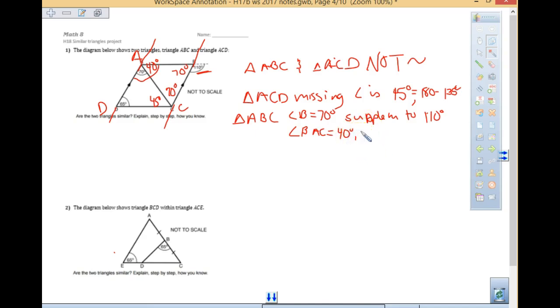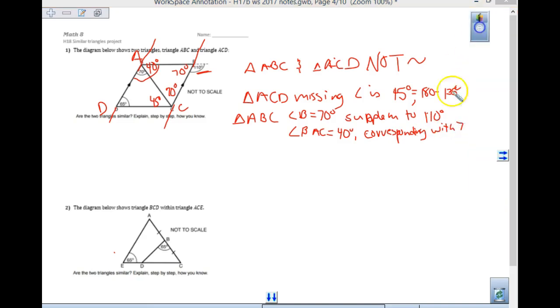And the reason we knew that was 40 degrees was because it was a corresponding angle with the 70 degrees, corresponding with the 70 degrees to that 110 degrees. So 110 minus 70 gave us 40.